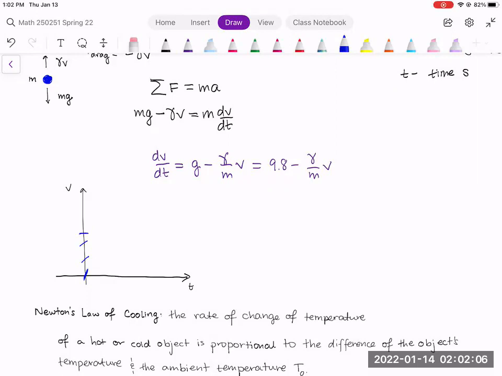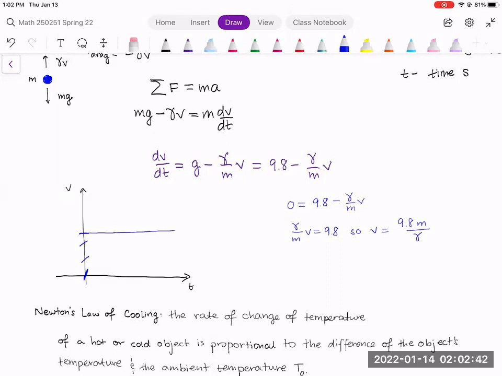We can solve when that happens. We're going to have dv dt equals 0 when we have 9.8 minus gamma over m times v. Moving this over, we have gamma over m times v equals 9.8. So when v is 9.8 times m over this drag coefficient gamma, then we're going to have no change in our velocity.